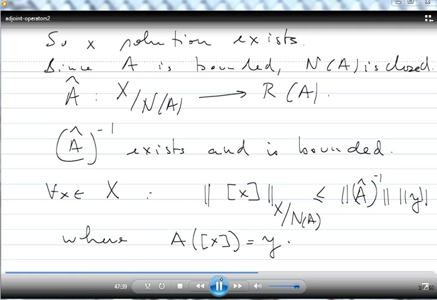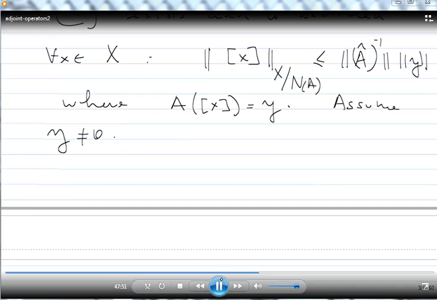Okay? So assume Y is not equal to 0, and let epsilon be positive.